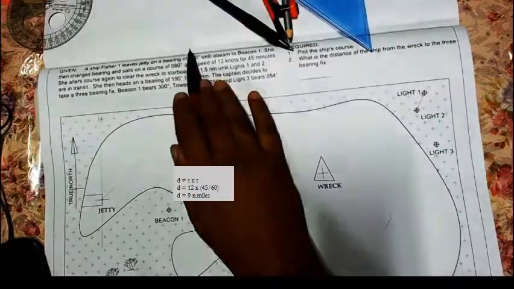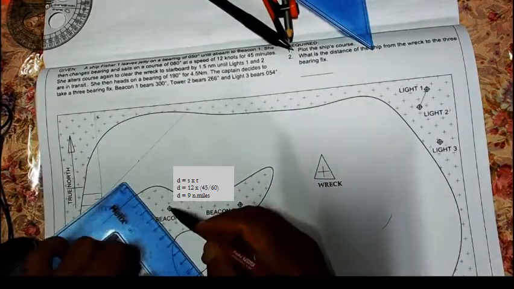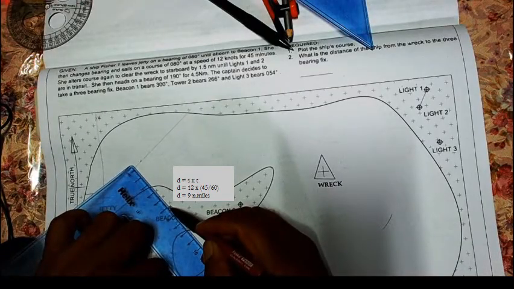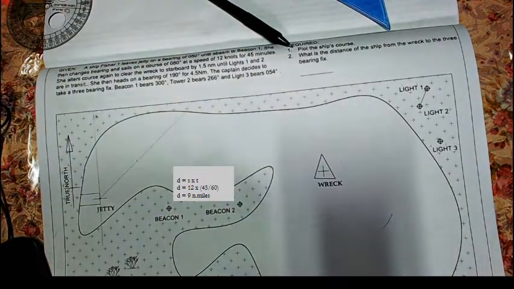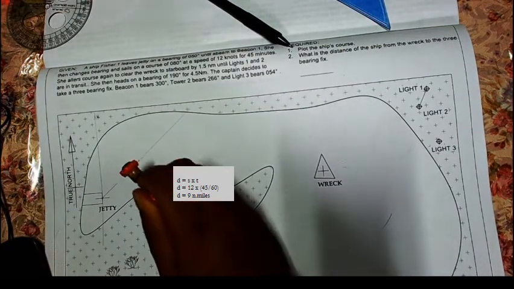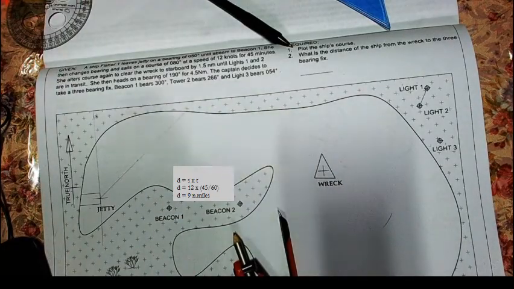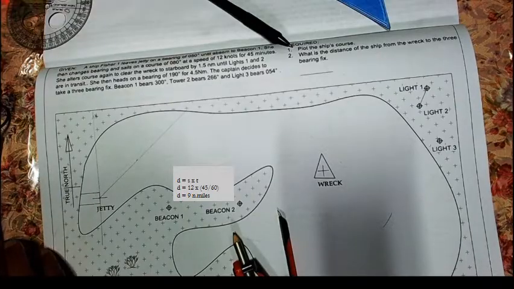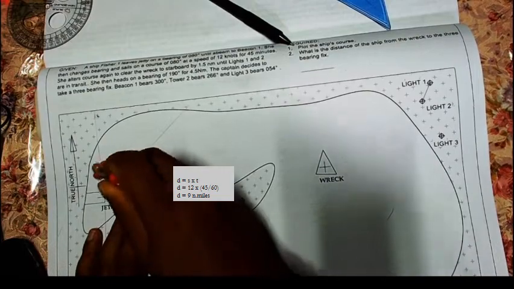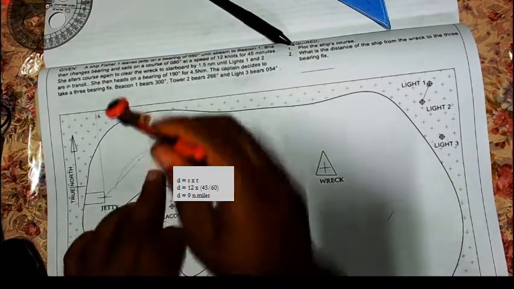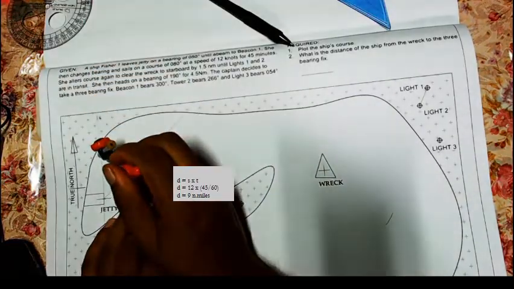Now it says until abeam to beacon 1. Abeam means from beacon 1 there should be a line going at 90 degrees. To draw that line, this is how we draw the abeam. Take your compass, draw one arc on the line, then bisect that arc.